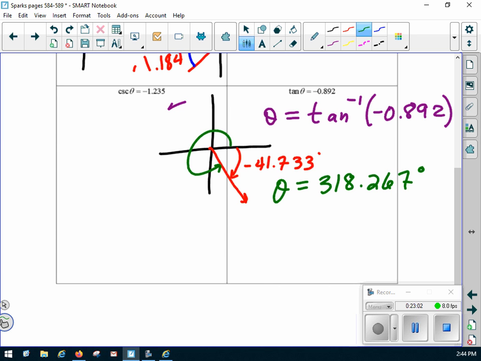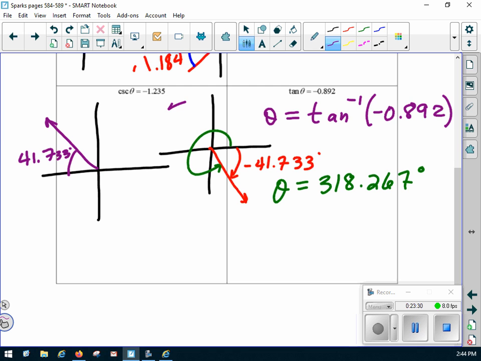Are you okay? Where else do I need this angle to terminate? Quadrant 2. How am I going to do that? My reference angle is going to be this 41.733 degrees, so I'm going to have my angle sitting right there.